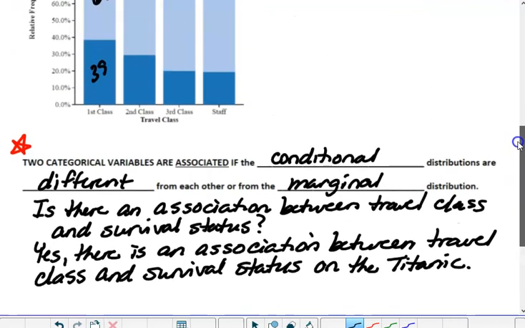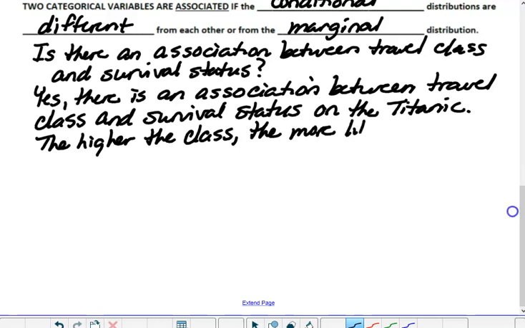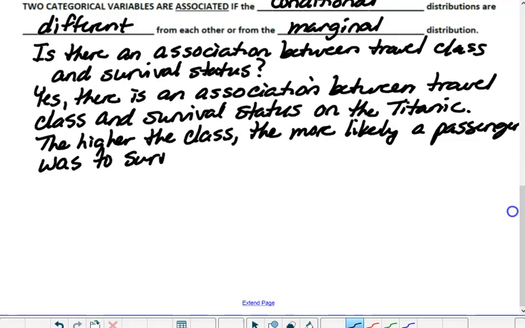I noticed the higher the class, the more likely you are to survive. The higher the class, the more likely a passenger was to survive. And that's a good answer, that's a strong answer, but that's still not sufficient because I haven't given specific proof for my last statement. I need to support that with the data.